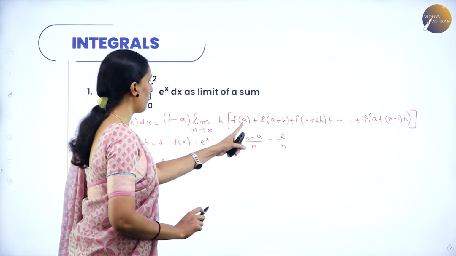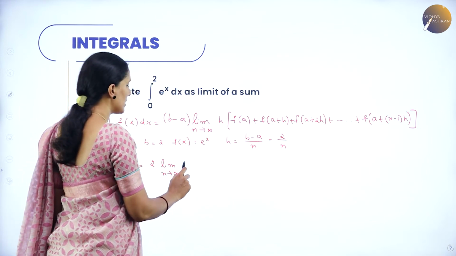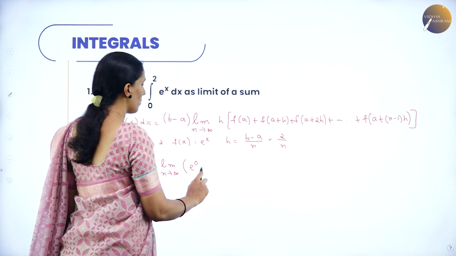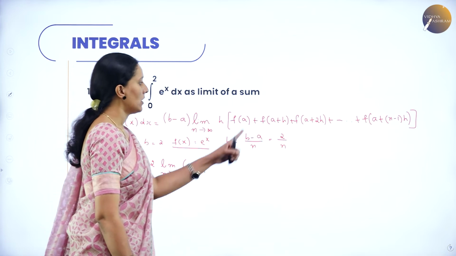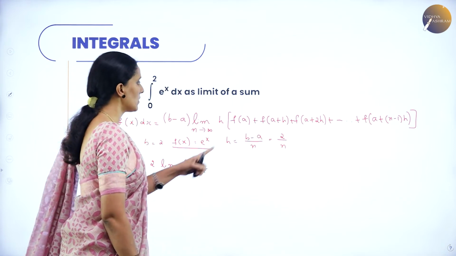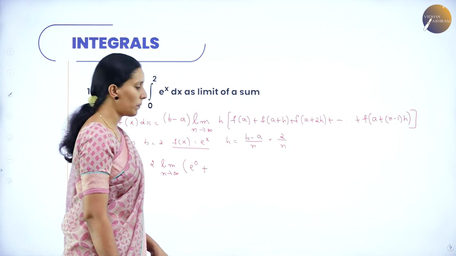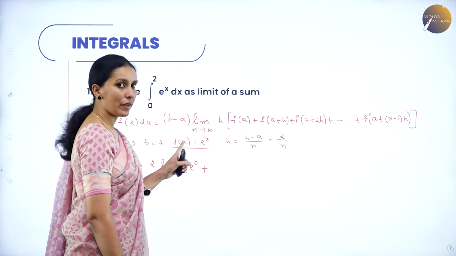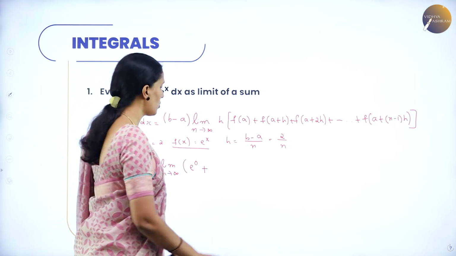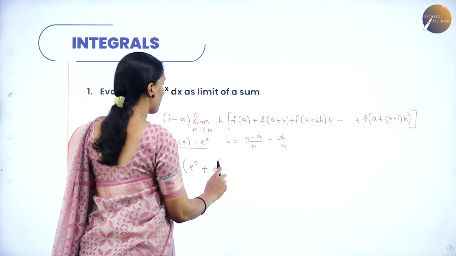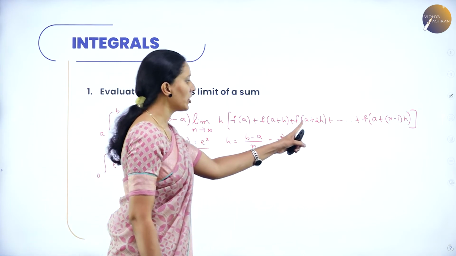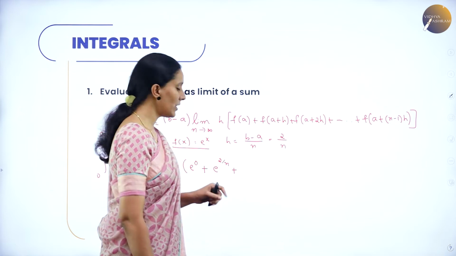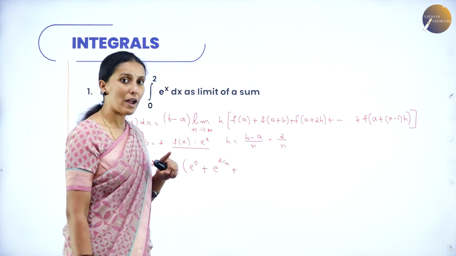So the first one, f of a, where a is 0, so therefore it is e power 0, because f of x has to be expressed as e power x. Next, f of a plus h. So a plus h means 0 plus h, so in the place of x you have h. What is h? It is 2 by n. Next, a plus 2h means 0 plus 2h, so in the place of x you have 2h.